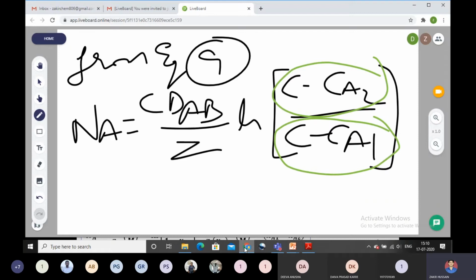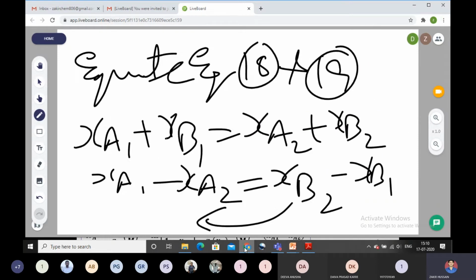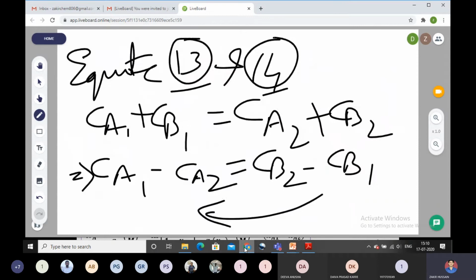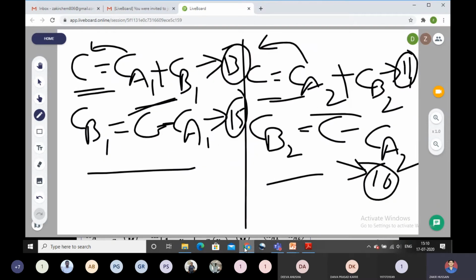We already deduced those parameters. From equation 15, C minus CA1 is nothing but CB1. From equation 16, C minus CA2 is nothing but CB2.